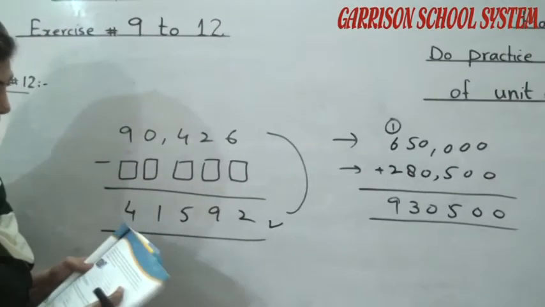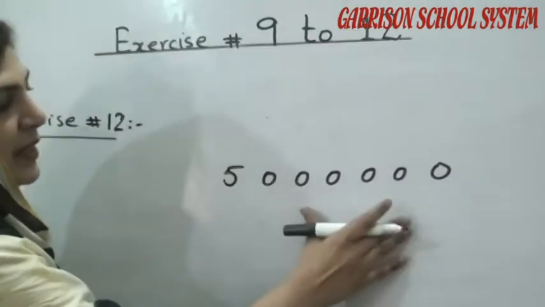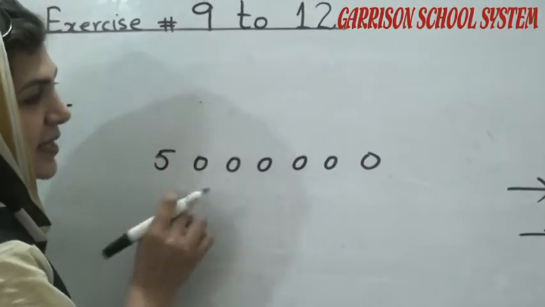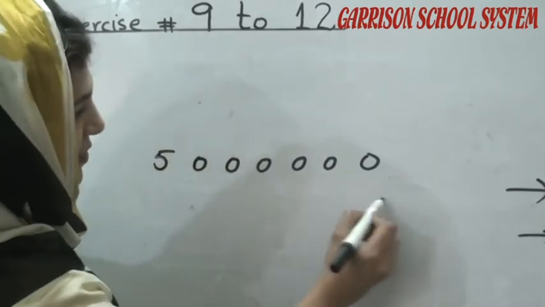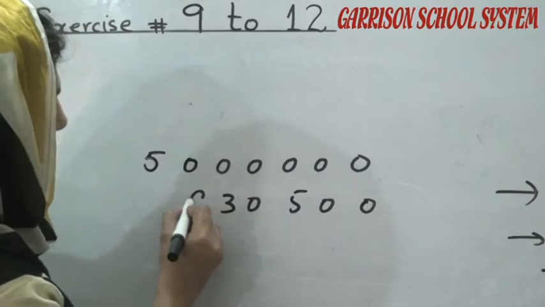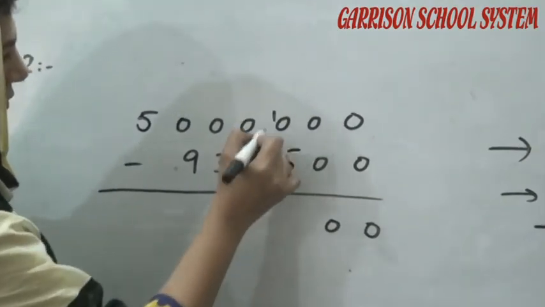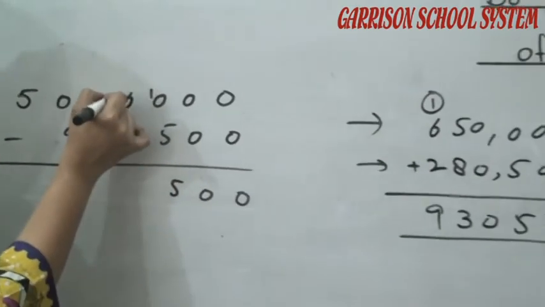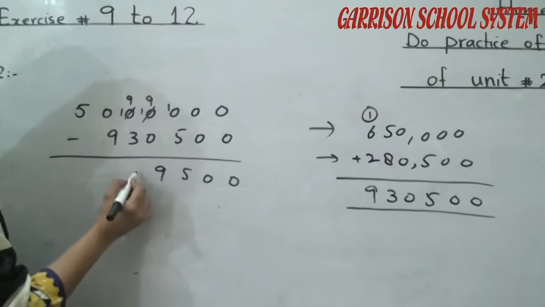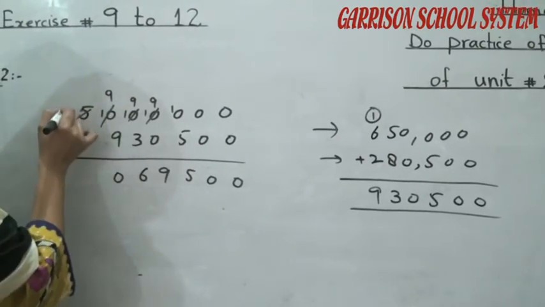So this is the 5 million, because in millions there are 7 digits. So when we subtract this amount, we get, here will be 10, here will be 9, there will also be 9, 0, 3, 4.